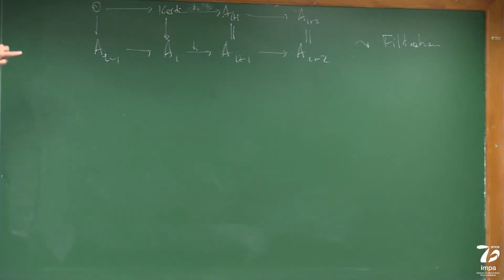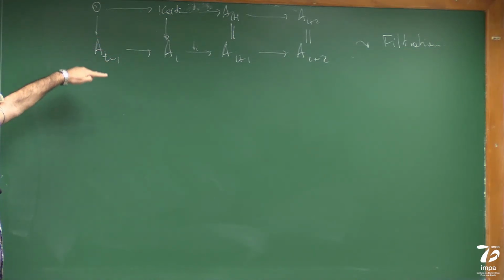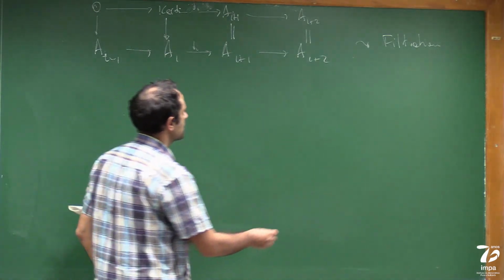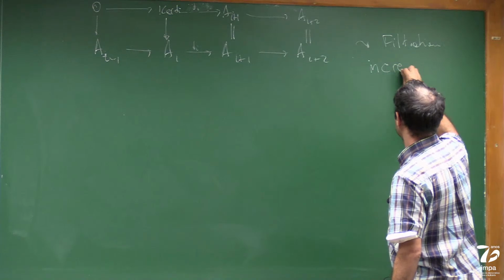I mean, of course, you can iterate this process by looking at the kernel of the next one for i plus 1, and that gives you a complex inside of the next one, inside of the next one. So this is an increase in filtration. And I think I've only defined decrease in filtration.